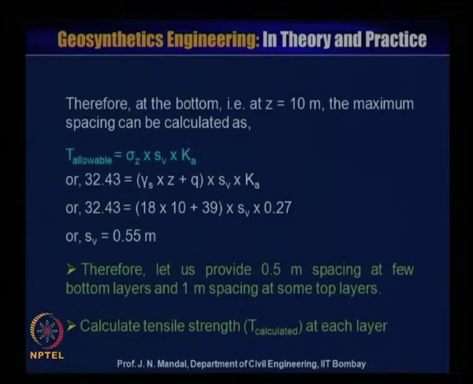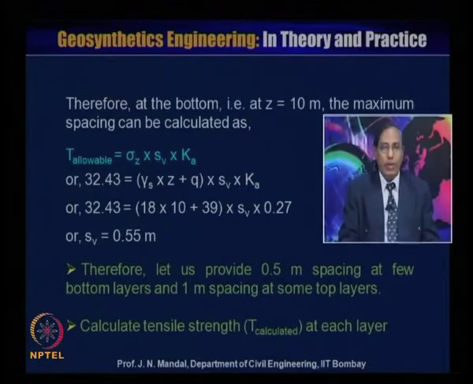Therefore, at the bottom, that is at z equal to 10 meter, because this is the 10 meter height of the wall, the maximum spacing can be calculated as T allowable equal to sigma z into SV into Ka.